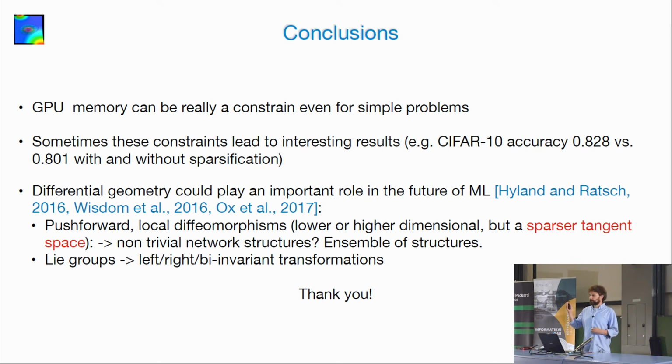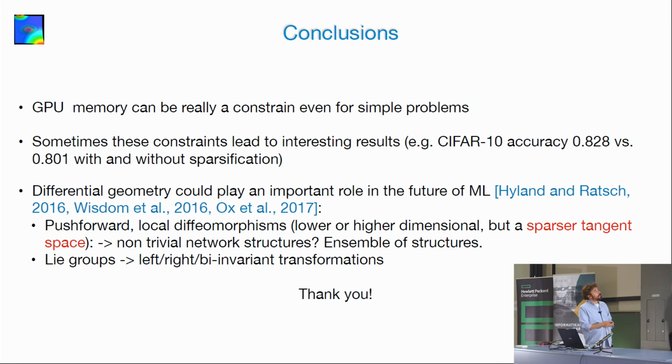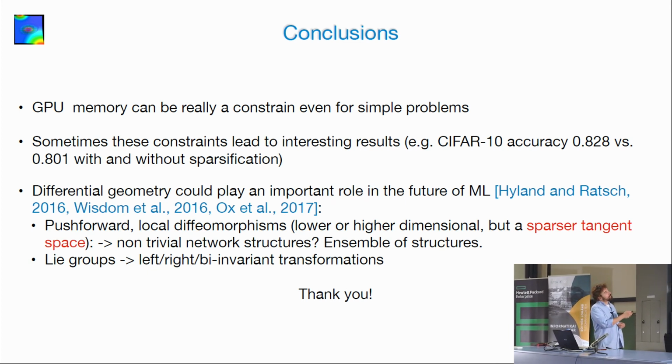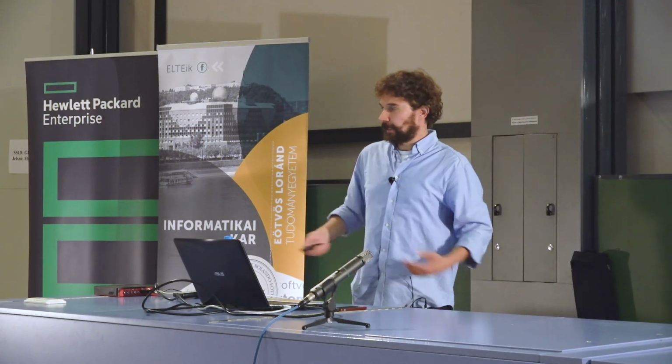We don't know what's going on with non-Riemannian geometries. We don't know even how to utilize Riemannian geometry. And the ultimate goal will be to use all the things we know from differential geometry to make non-trivial network structures, because we know that they are homomorphic. So that will be the final goal.